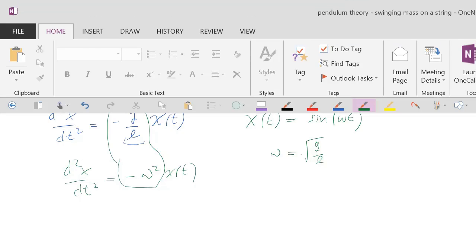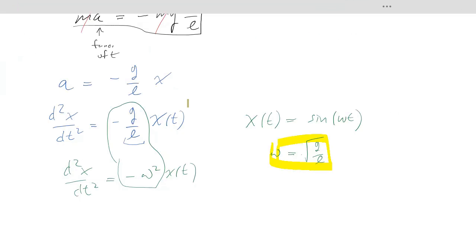Now, consequences of this. These are huge consequences. The only thing that a small amplitude pendulum depends on for its frequency is the local gravitational acceleration and the length of the string. So a longer string means a lower frequency.